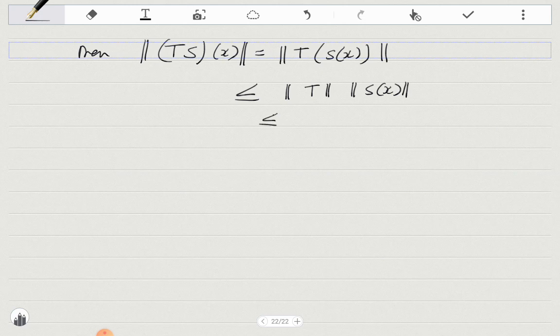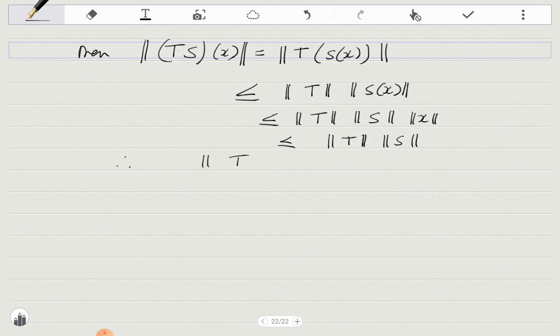And again, a similar inequality for S of x will imply that this is less than or equal to norm T, norm S, and then norm x, which is, since norm x is less than or equal to 1, less than or equal to norm T times norm S. So the norm of TS of x is less than or equal to norm T times norm S. When I take the sup of the left hand side over all x with norm less than or equal to 1, I get the required inequality.